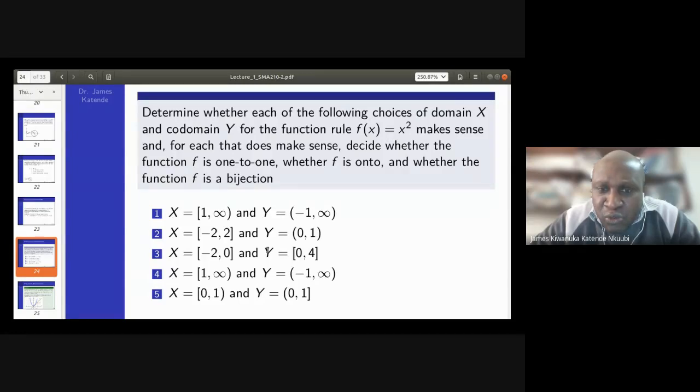So it will not be onto. There's some numbers in the codomain that will be left out. So the range here in particular will be from 1 to infinity, and it's already included in Y. So it makes sense. The only thing that will happen is that the map will not be onto.